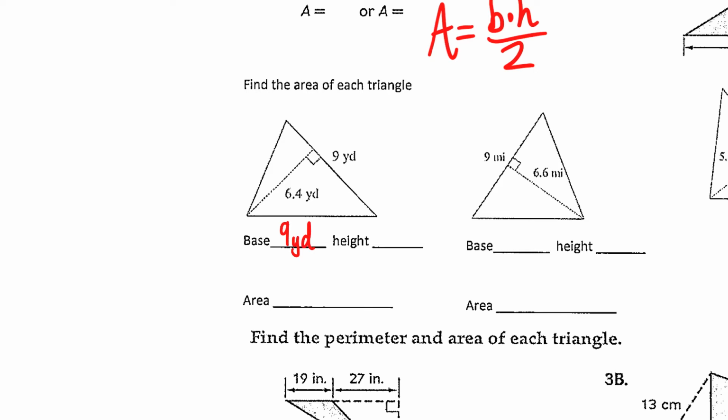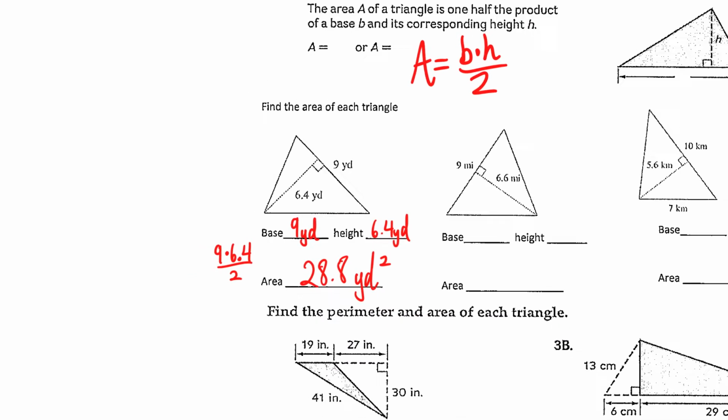And what's the height? 6.4. So I'm going to do base times height divided by 2. Nine times 6.4 divided by 2 is what? 28.8 square yards.